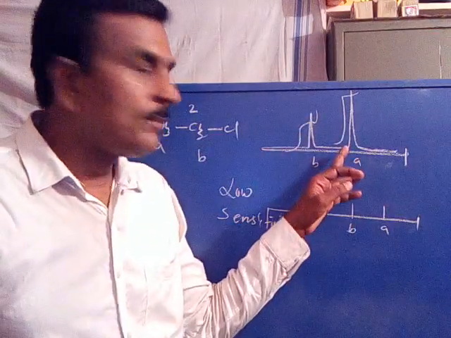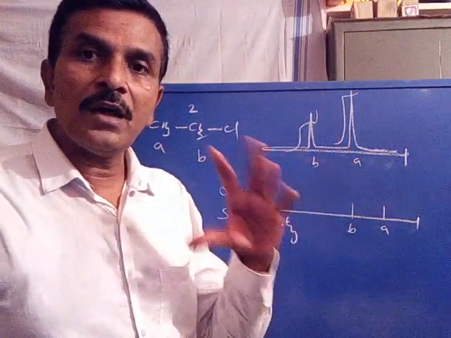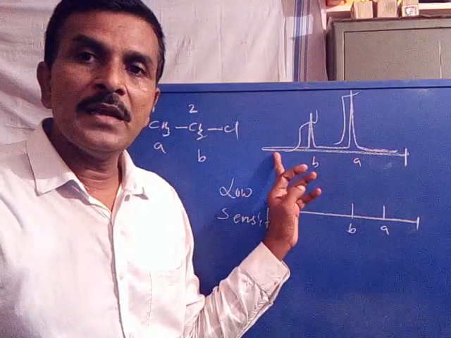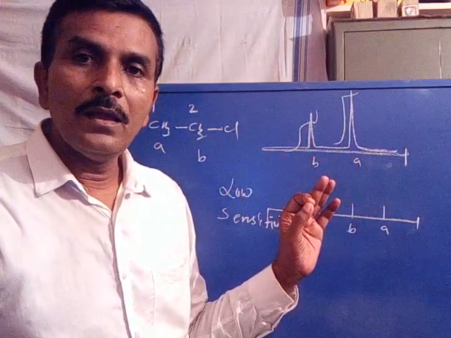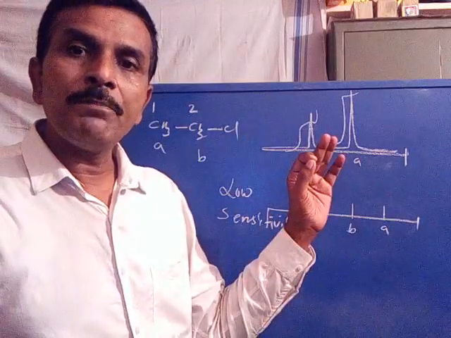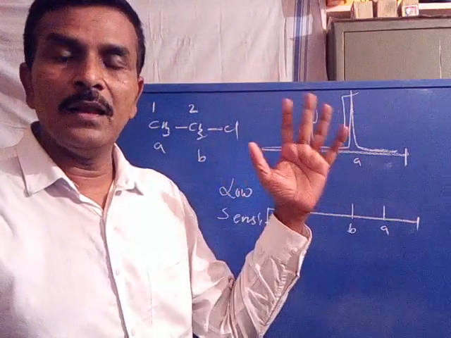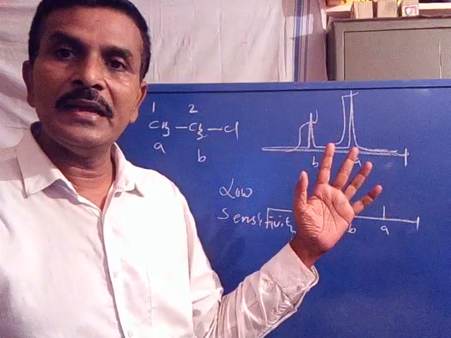So with the proton signal, because of its sharpness and intensity, integration is easy, and we can easily find out the number of equivalent protons in each signal by the process of integration.